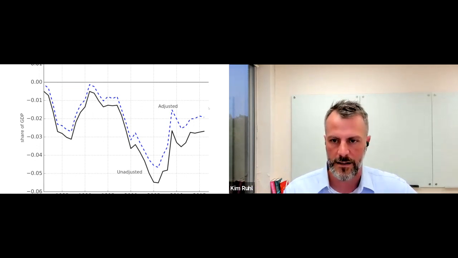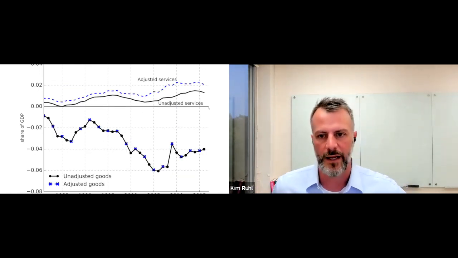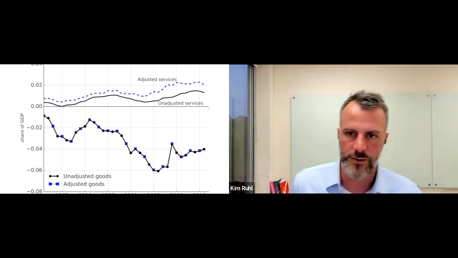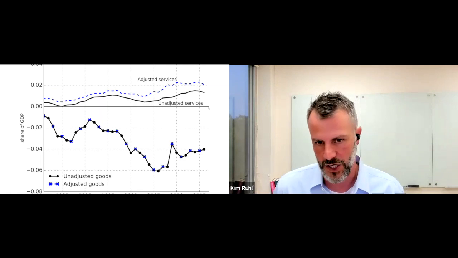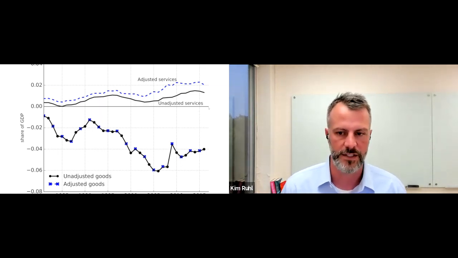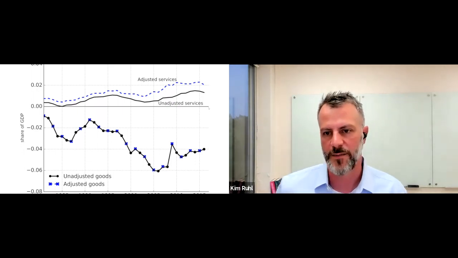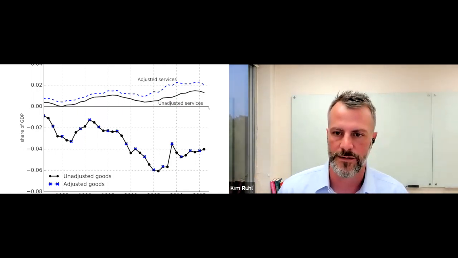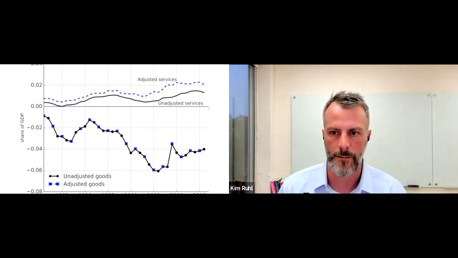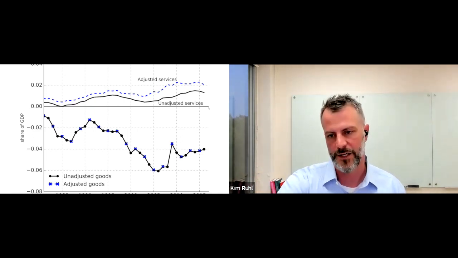So again, here's the assumption that we're making about exactly what firms were doing. By construction, the goods trade balance doesn't change. That's still persistently negative. So what we're doing is basically adjusting the services balance. So it looks like the U.S. is exporting even more services than before.